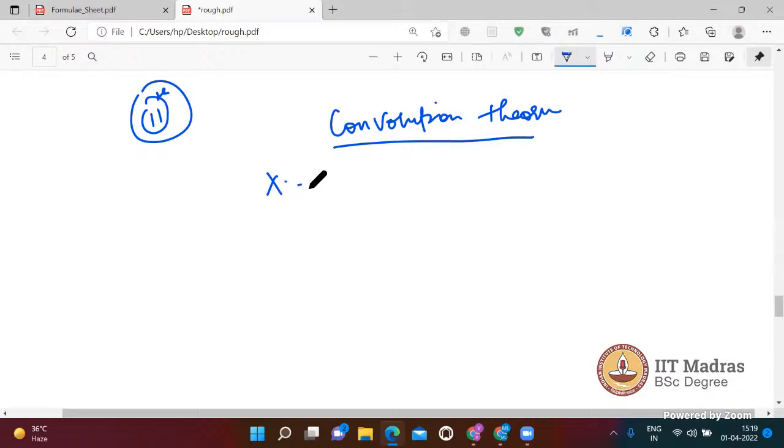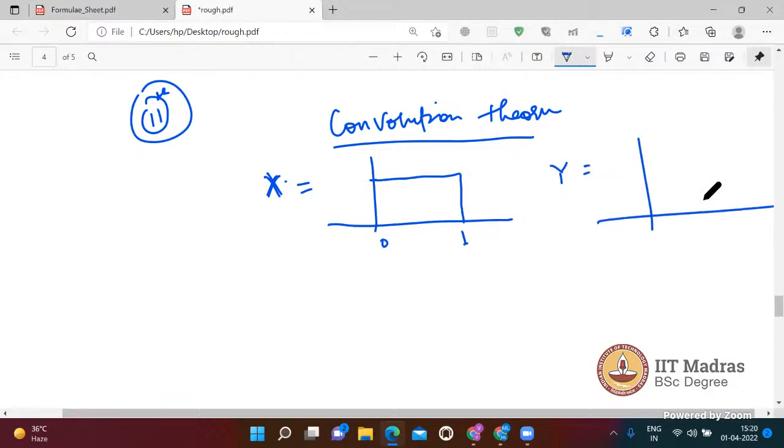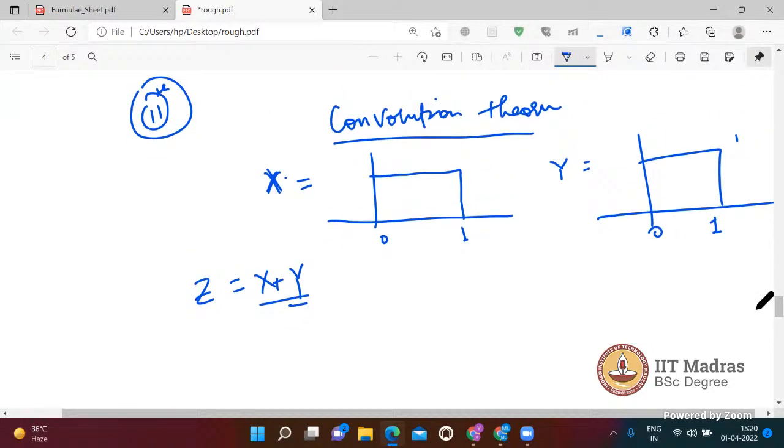For example, if you have been given x as a rectangular function from 0 to 1, and y as 0 to 1, and you have been asked to calculate z equals x plus y, what would be the plot of this x plus y? Are you able to do this? Or should I tell you the direct formula for how to do this rectangular sort of thing? Sir, please tell us.